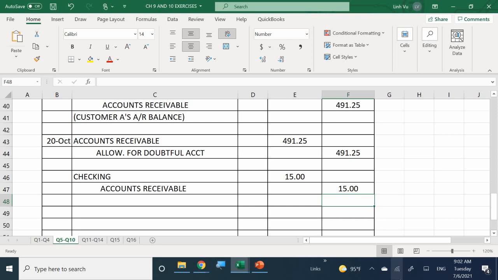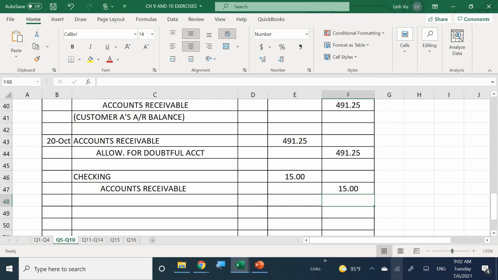So in this case, I recorded it on October 20th, right? Because on August 17th they refused to pay. September 17th, refused to pay. October 17th, they refused to pay. Except on October 20th, they decided to finally go ahead and give you some money back. Okay?